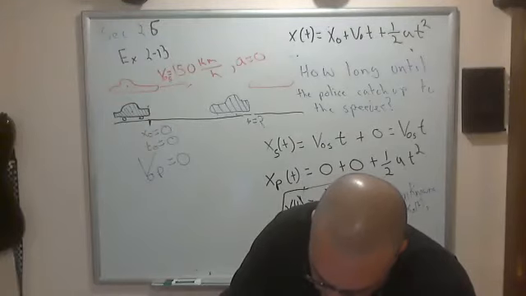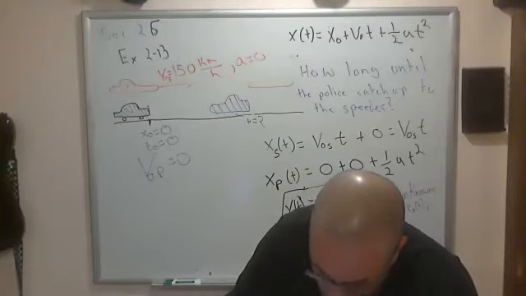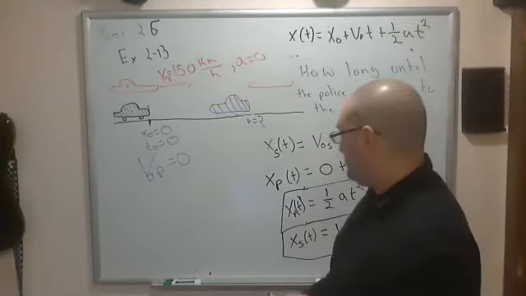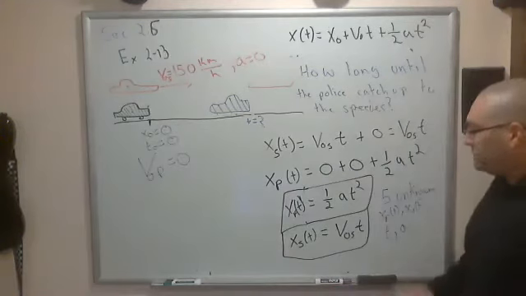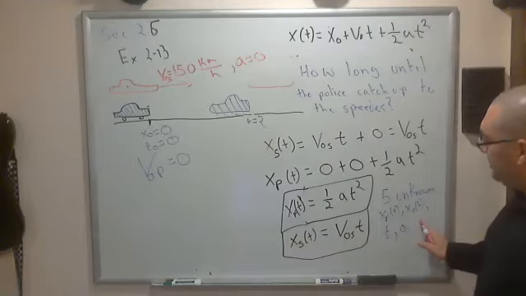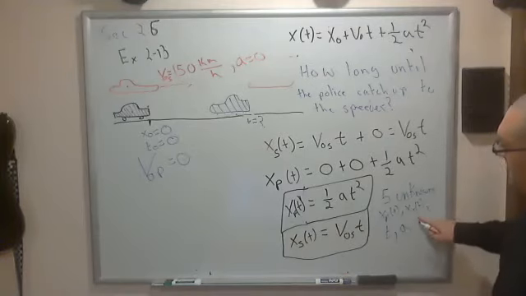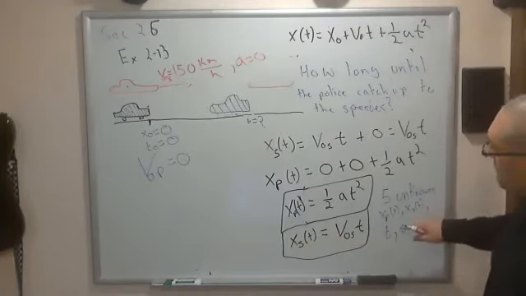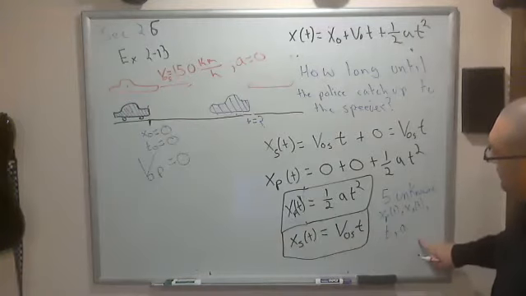Then estimate the police car's speed at that moment and decide if the assumptions were reasonable. So we're allowed to make some assumptions here, right? We don't need to do it for each one, right? So let's see if we can come up with some equations.